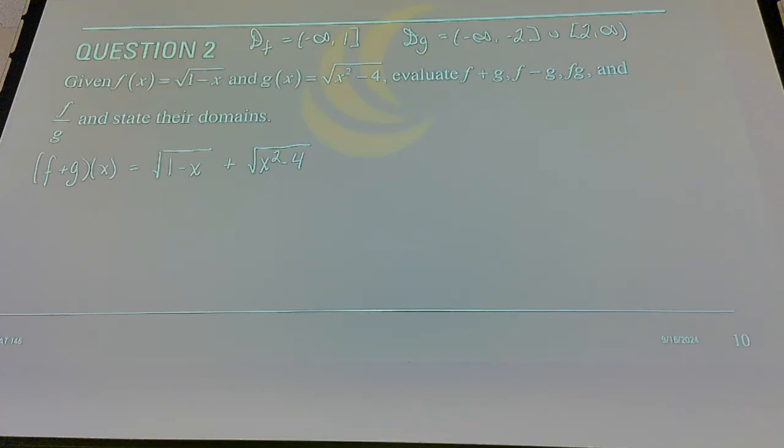Wouldn't that change the values? Yeah. So no, you can't do that. That can't be simplified. That's already fully simplified. Subtraction, same thing. So you just leave it like that. Domain.